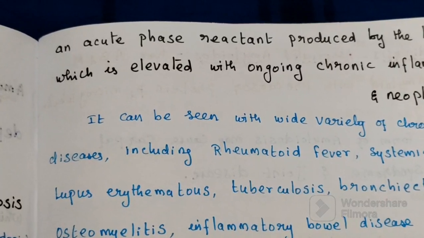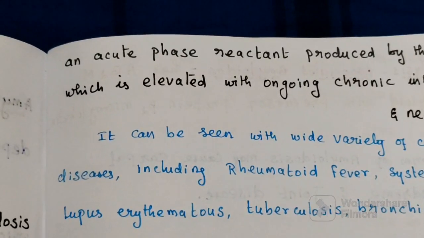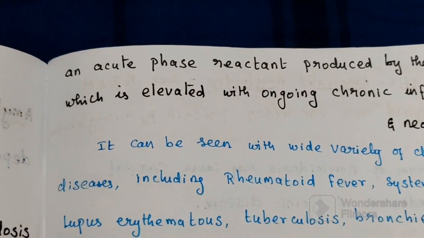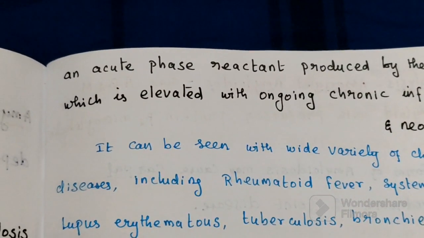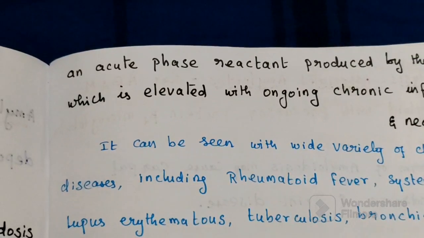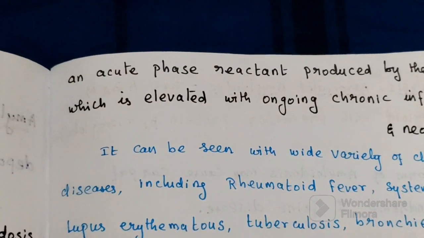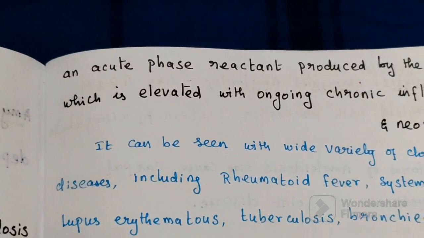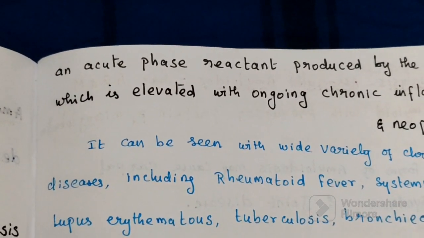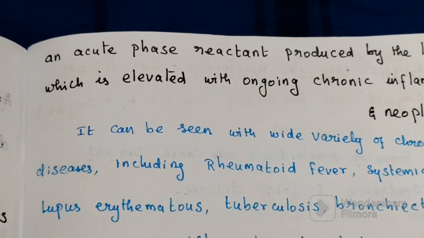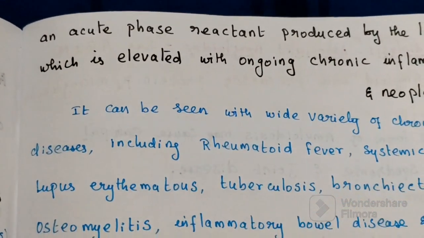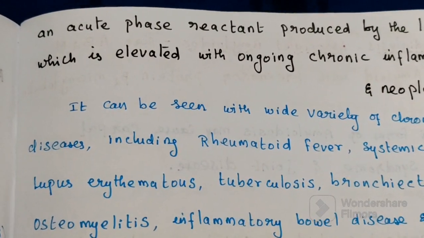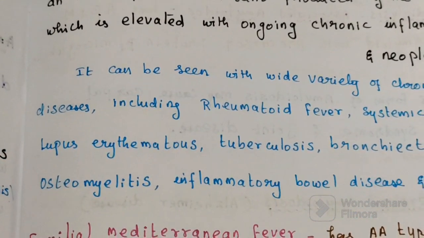Those cytokines act on the liver, and the liver goes on to synthesize a lot of amyloid protein. So in secondary amyloidosis, during a chronic inflammatory process, a lot of cytokines are produced, and these cytokines act on the liver.